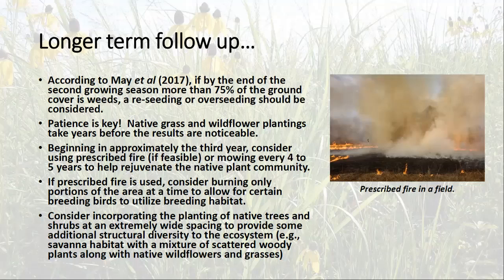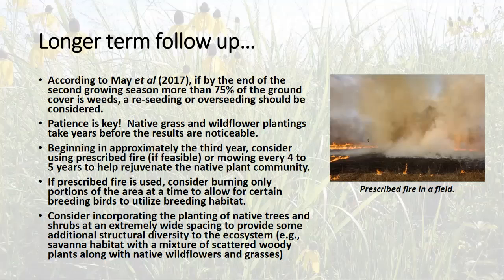If you pass the test laid out in the first bullet point there, so if you don't have more than 75% of your plot dominated by these exotic weeds, you can proceed under what would be considered typical maintenance for these native plantings. And by year 3, you could do something like introduce prescribed fire if feasible. I understand that socially this is not always possible, and even logistically it can be a huge challenge.